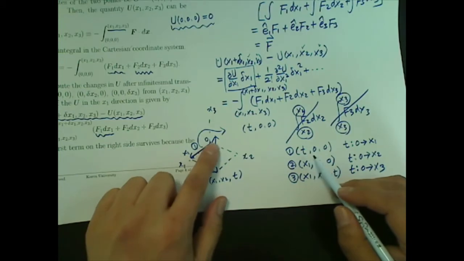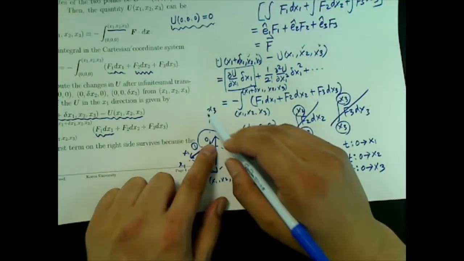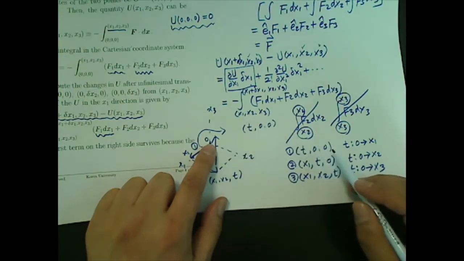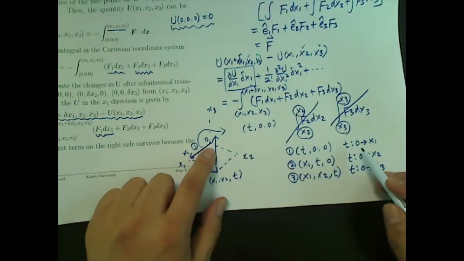On path 1, all the values for x2 and x3 are 0, and the only variation is in the value of x1. The value of x1 runs from 0 to x1.